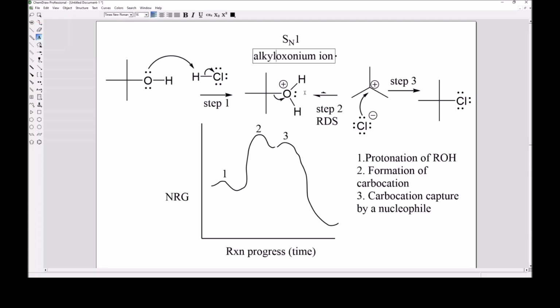The alkyl group can change depending on what it is. So this is actually a tert-butyl oxonium, if I want to be specific. The alkyl oxonium ion is the only thing that has to fall apart in the rate determining step. Because there is only one thing involved in the rate determining step, that's what makes it SN1. There's just one thing involved in the rate determining step.